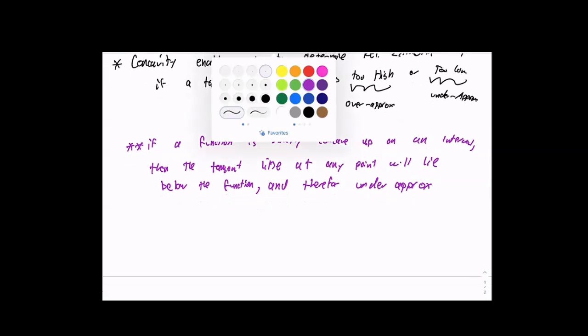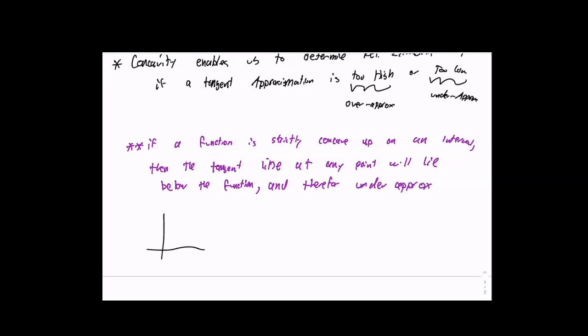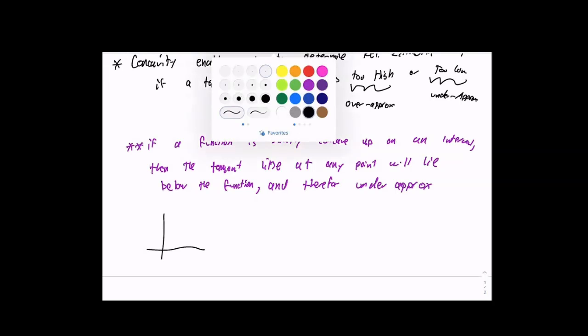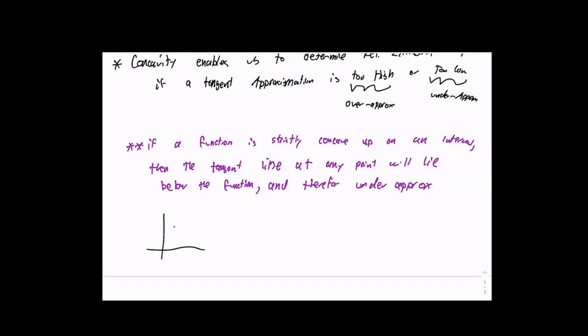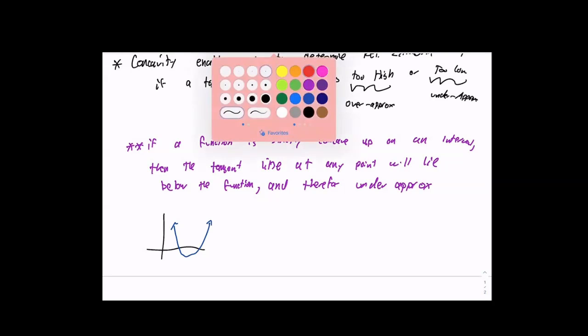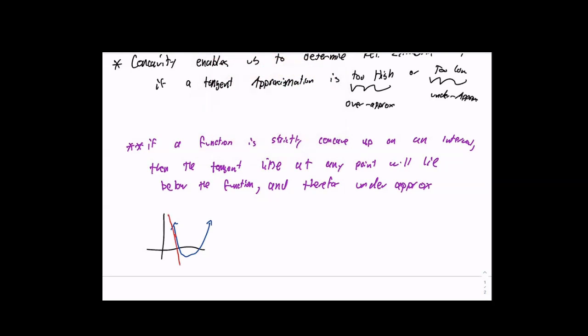So if we have some function, and let's say the function is strictly concave up, like this one. When I say over the interval, it's over what we're looking at, so we're only interested in the concavity at the point. No matter where you draw a tangent line, here, here, or here, these tangent lines will all be below the actual function.